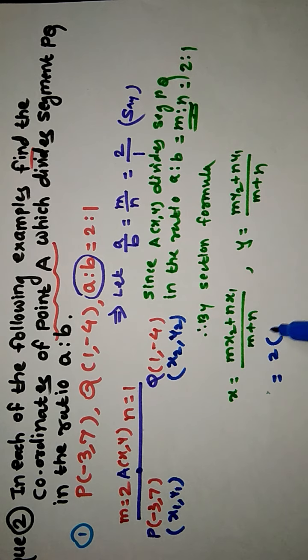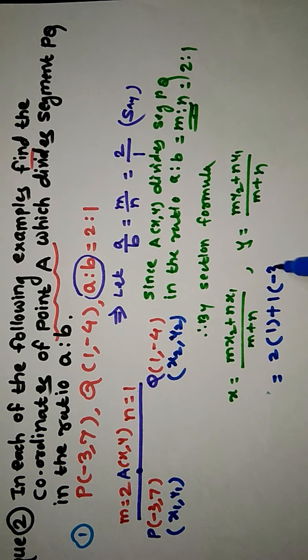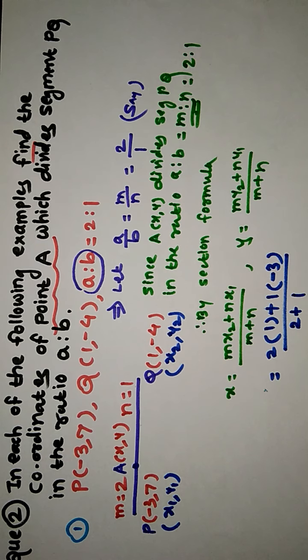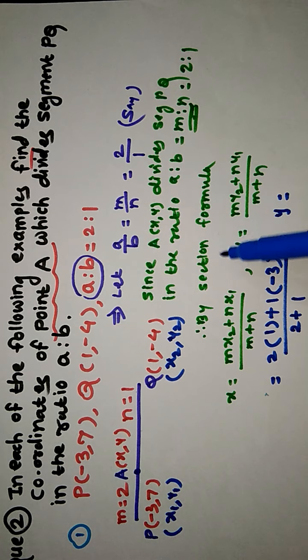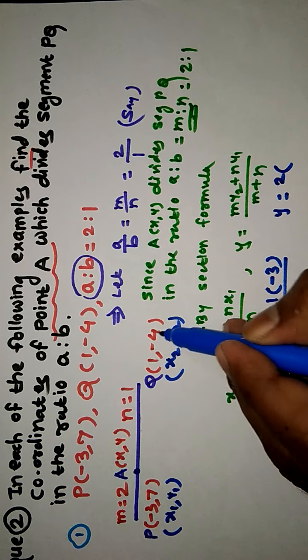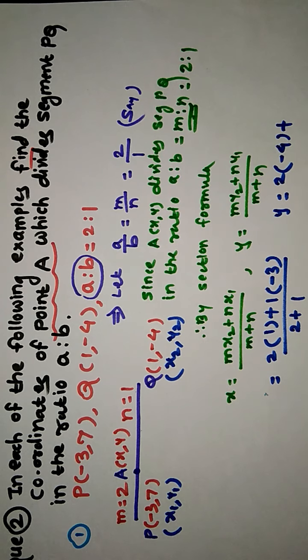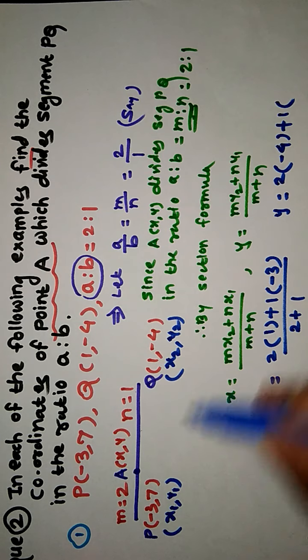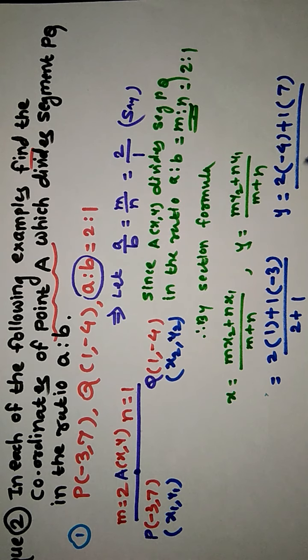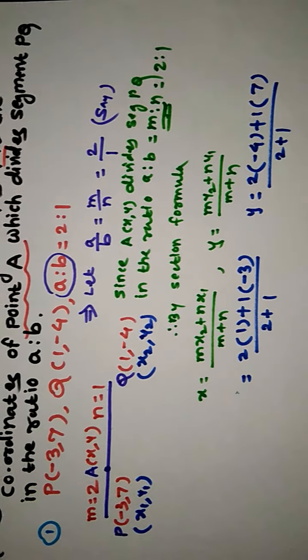Then x2 means 1, n means 1, x1 means minus 3, divided by m plus n means 2 plus 1. Again write down here, y is equal to, substitute the values of respective y2, y1 and m, n. y2 means, m means 2, y2 means minus 4 plus n means 1, y1 means 7, divided by 2 plus 1.